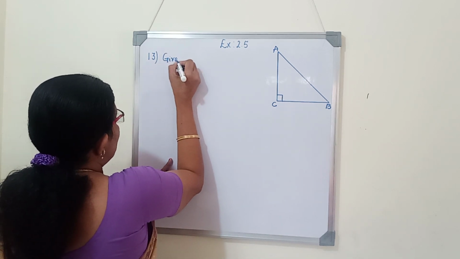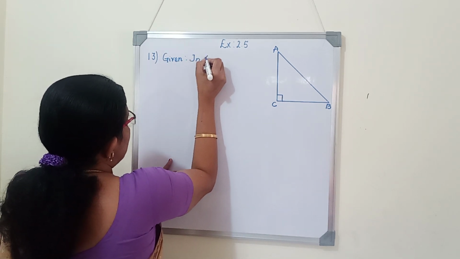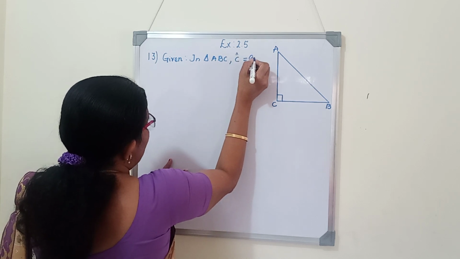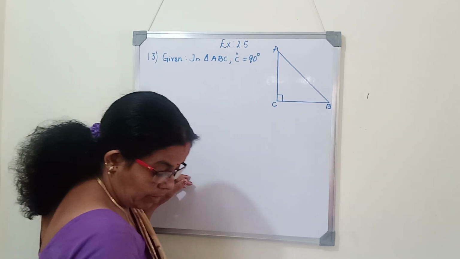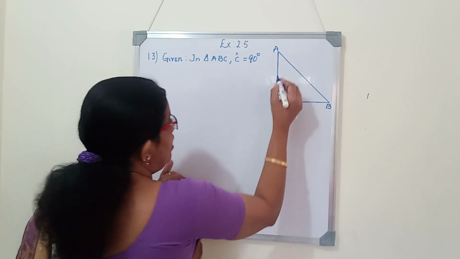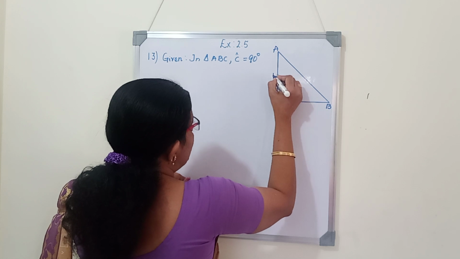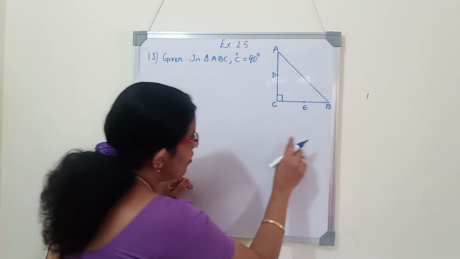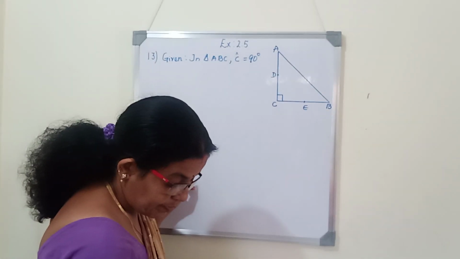So given in triangle ABC, angle C is equal to 90 degree. Next it is given that D is a point on side CA and E is a point on side CB of triangle ABC.